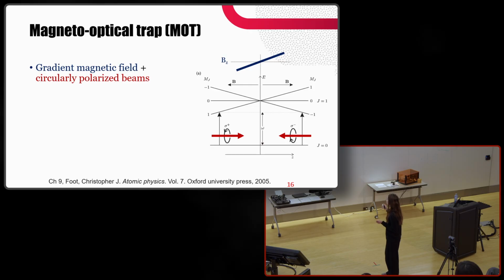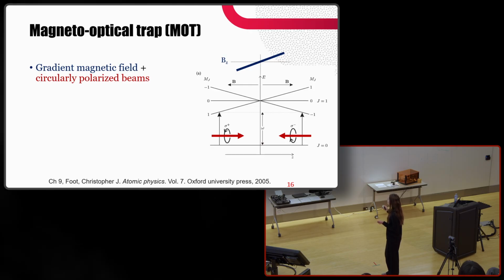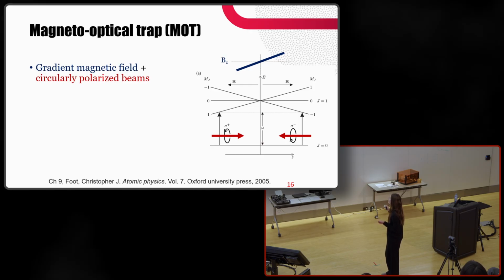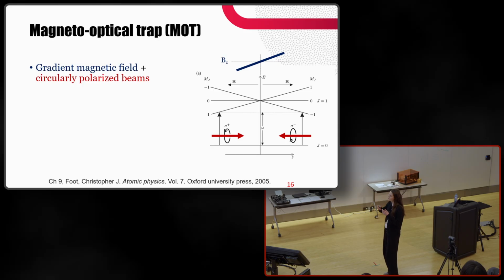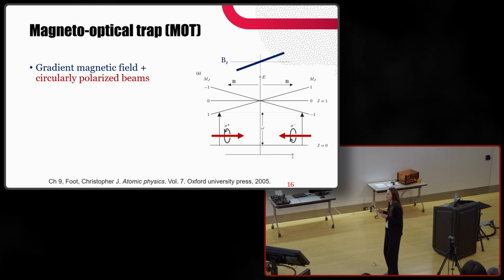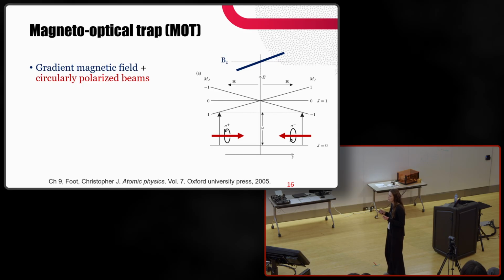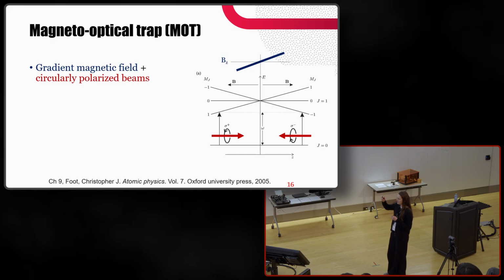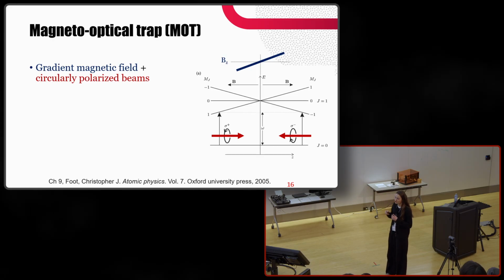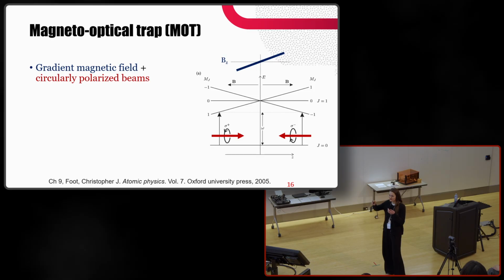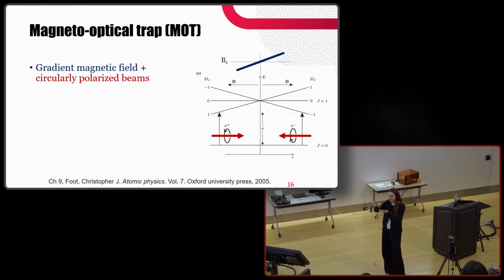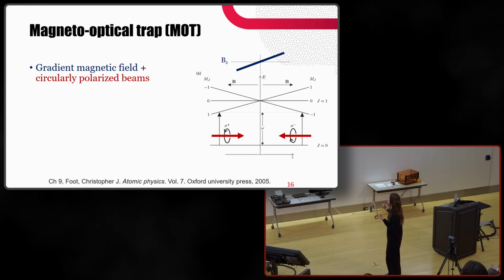Now it's still the same, but the atom level structure is changing in the presence of a magnetic field. Previously, the laser frequency was moving closer to resonance; now, in some way, the atomic level structure is moving closer to the beam.